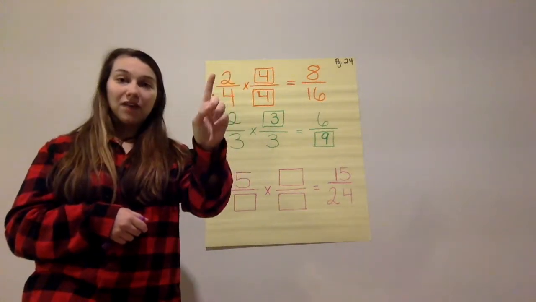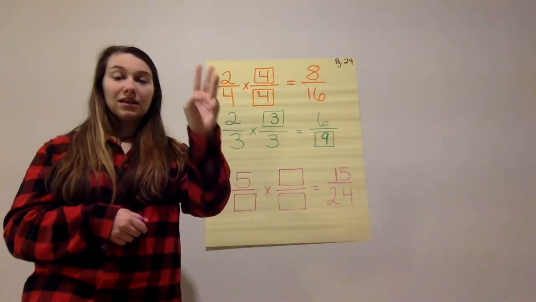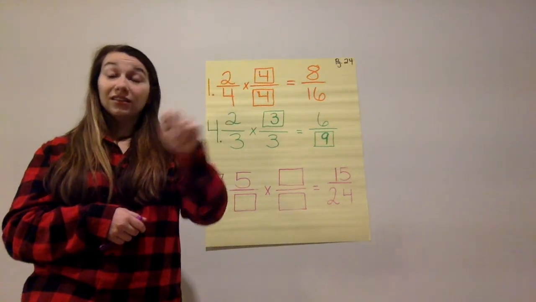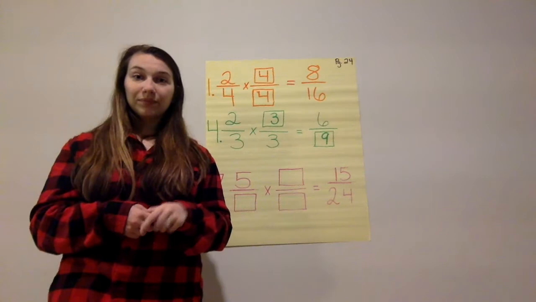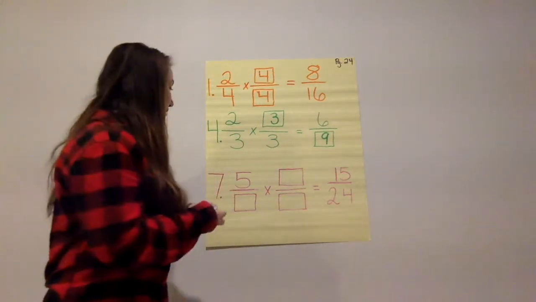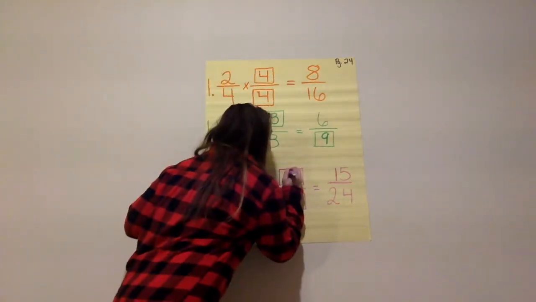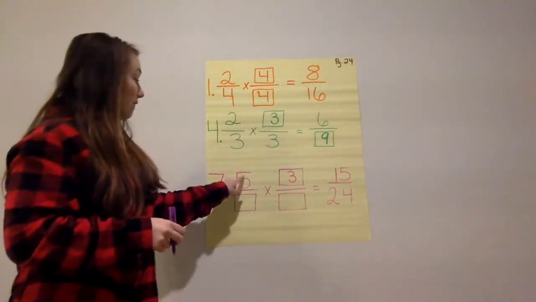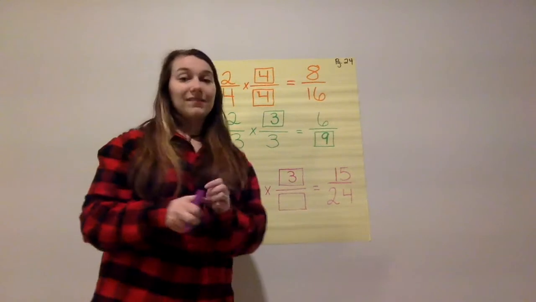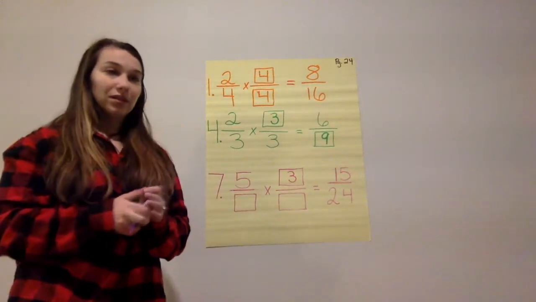Count with me. 5, 10, 15. 5 times what gives us 15? 3, very nice. So I'm going to put my 3 right here. And 5 times 3 gives us 15.